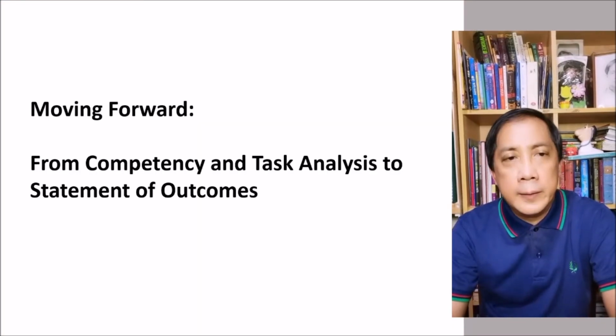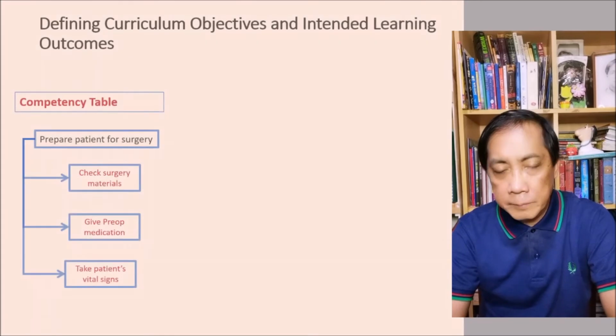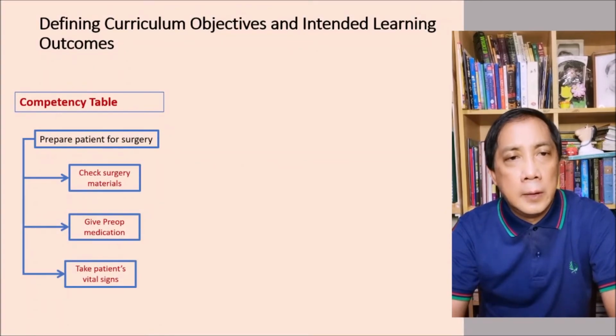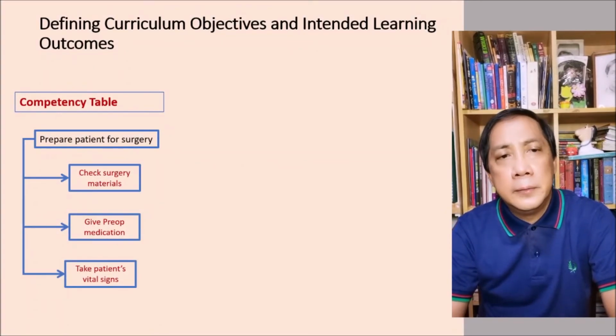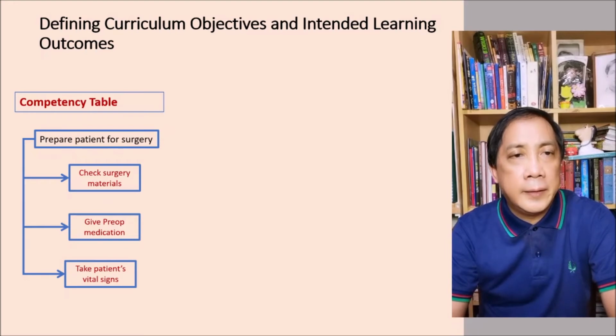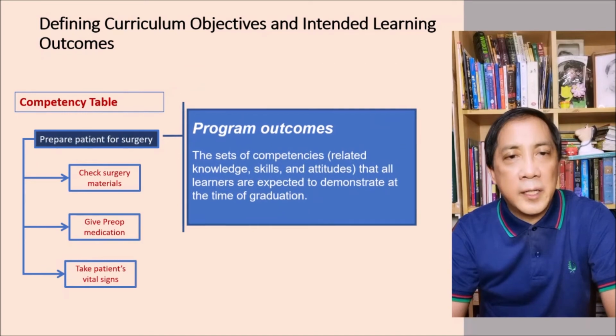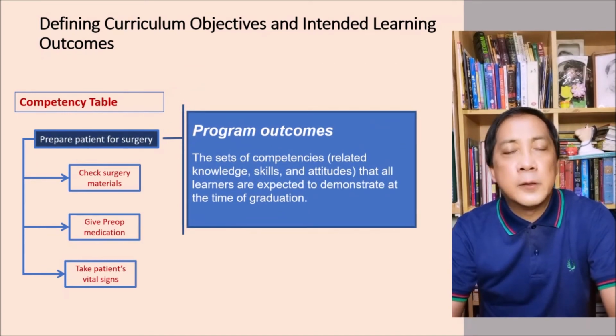So moving forward from competency and task analysis to statement of outcomes, I would just like to highlight that from the competency table that you saw earlier, like this example, prepare patient for surgery. And going back to the CHED guideline, prepare patient for surgery can easily be converted into your statement of program outcome.